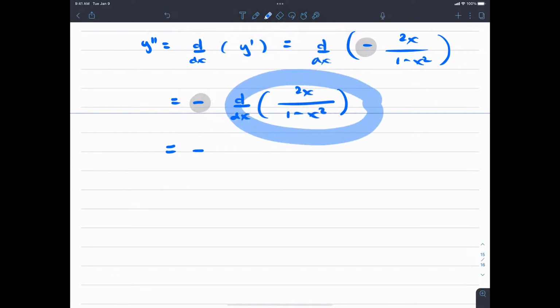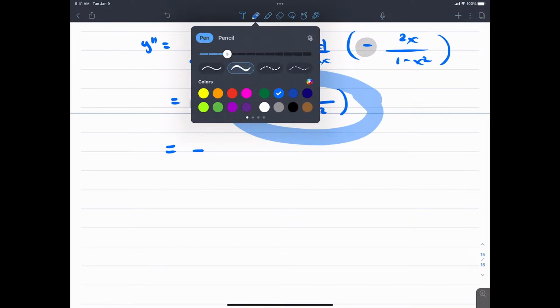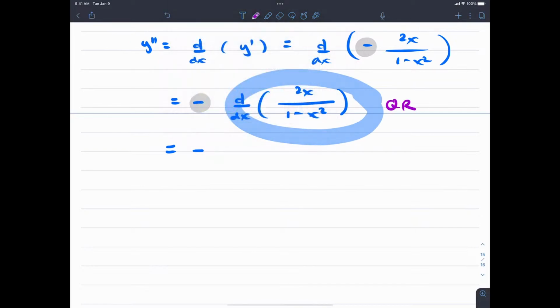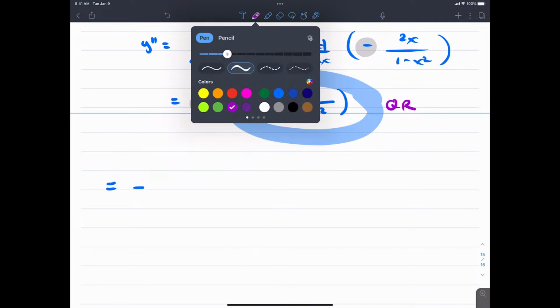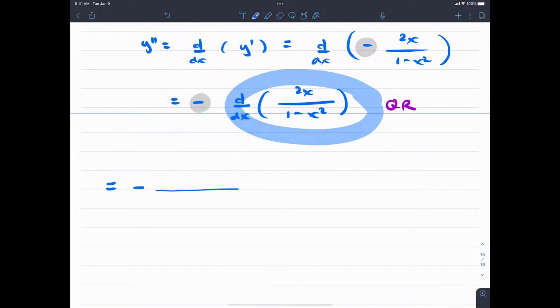Here, you're going to use what rule now? Quotient rule, right? So I have to move everything. Square the denominator. Bring your denominator up here.